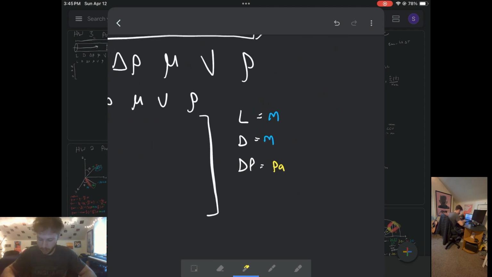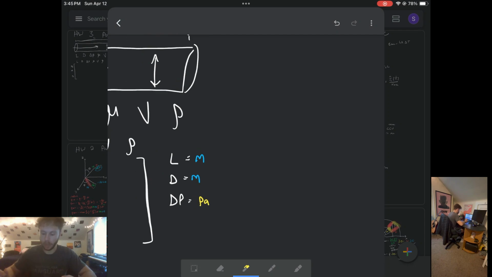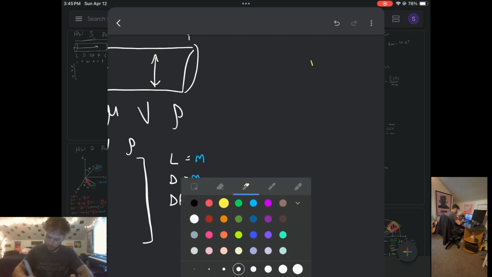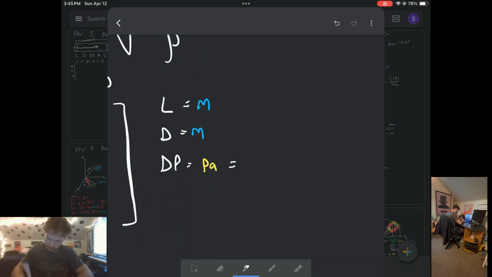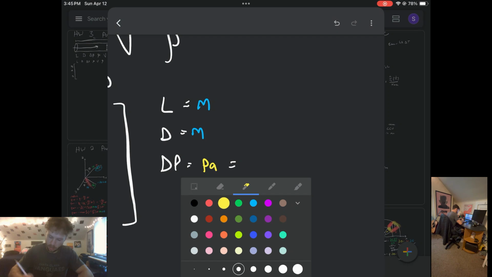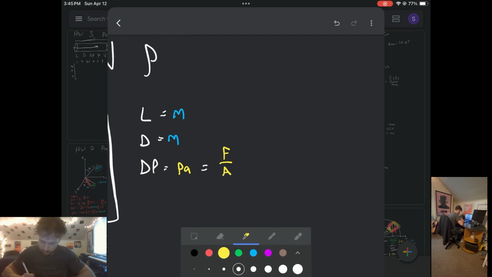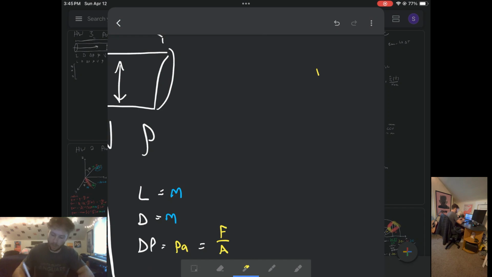And we know that pascals, or pressure, describes force per area, so say F over A. And according to Newton's second law, we know force is equal to the mass of an object times its acceleration.